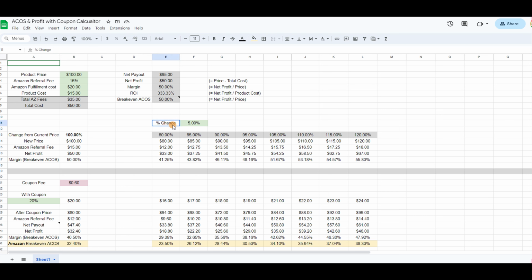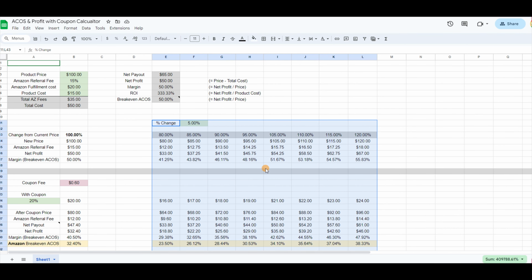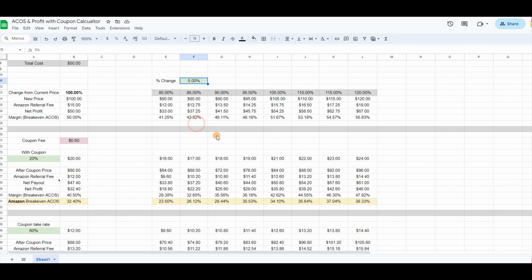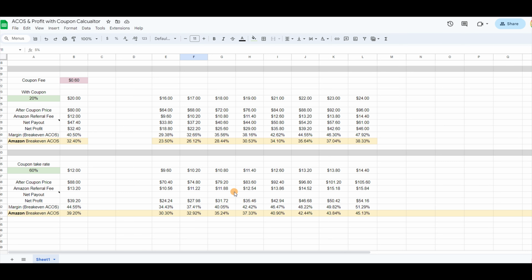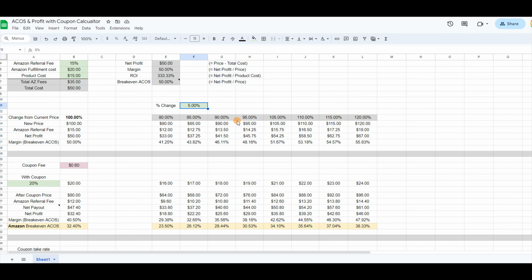Now, this section over here is for convenience. It's a calculator which allows you to experiment and just see how different coupon percentages will affect these numbers and try to find a sweet spot that's good for you, that you're happy with. This affects how much change it will be.